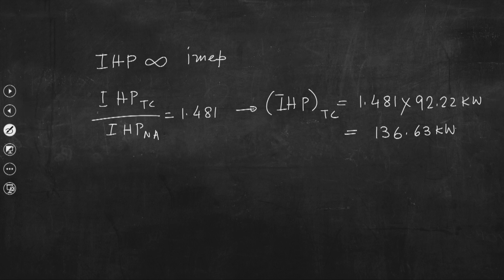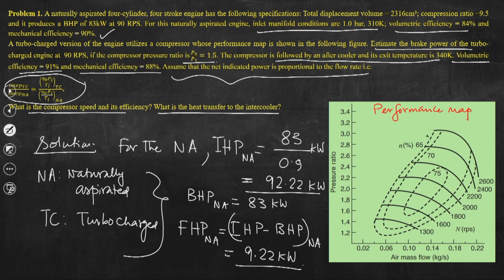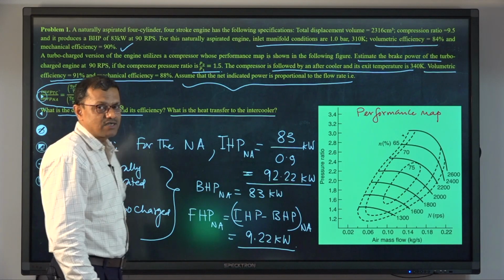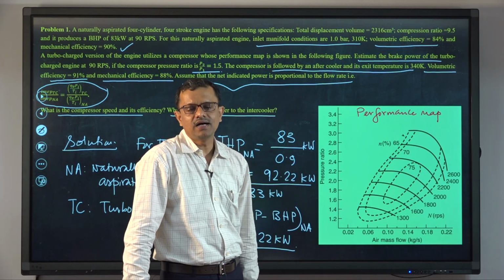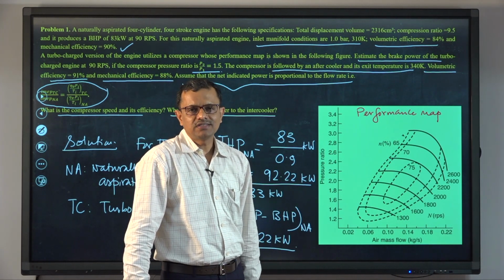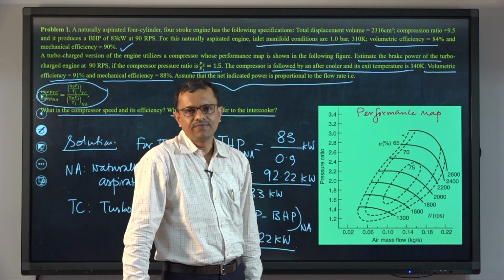Let me again go back to the problem statement. It is given that even when the engine is turbocharged, the engine speed is 90 RPS. So, the engine speed is not getting changed. Essentially, this line gives us a clue that frictional horsepower will remain unaffected.